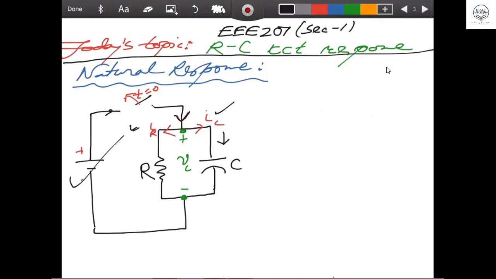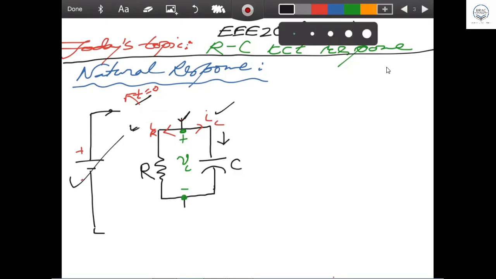Again, in the same way, through the I squared R loss, it will be decreasing. So in this scenario, when the switch is taken off, it will be a simple free running RC circuit, and the voltage VC across the capacitor will decrease slowly to 0.